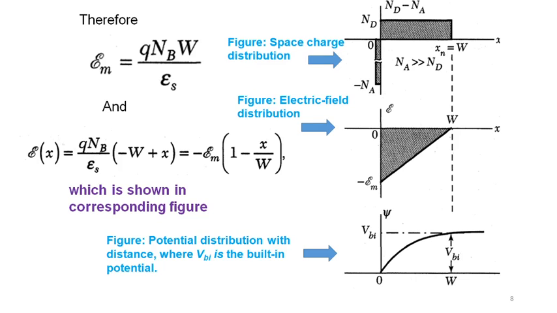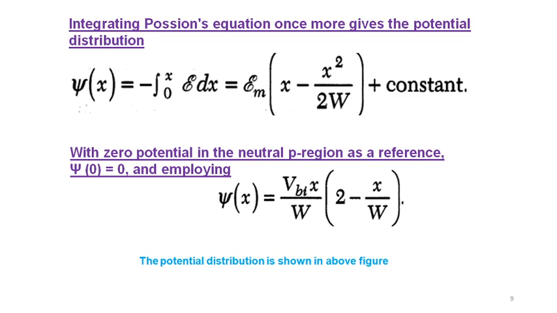Then the potential distribution over distance, where the built-in potential equation is shown in the next figure. Integrating this first equation gives the electrostatic potential, which gives the potential distribution psi of x.